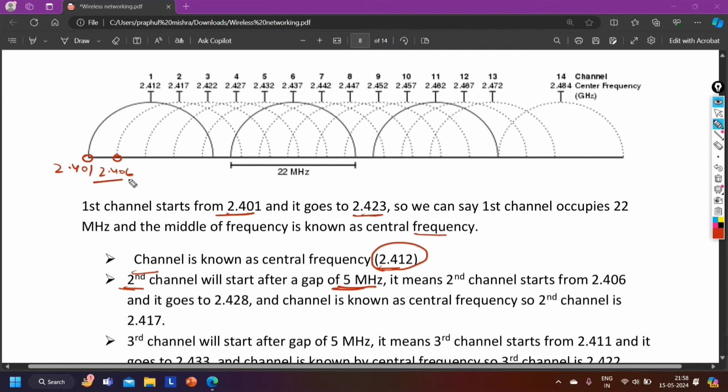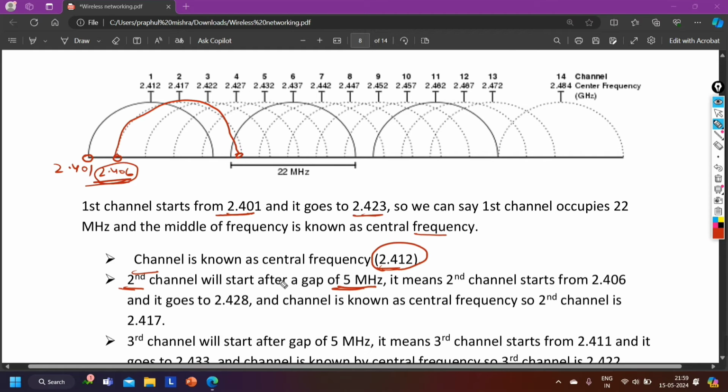So second channel is going to be this one, right? And this channel will end over here. On what frequency? Again, there is gap of 22 megahertz, right? So if you add 22 megahertz in this frequency, what frequency you will get? That will be the end point of channel 2.